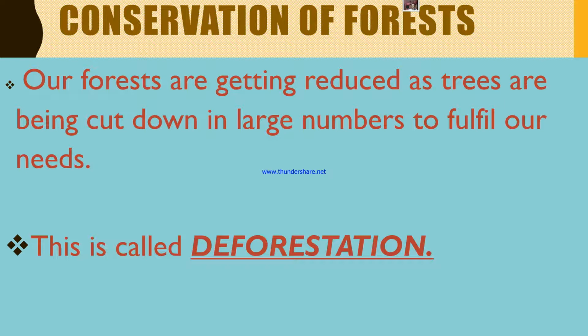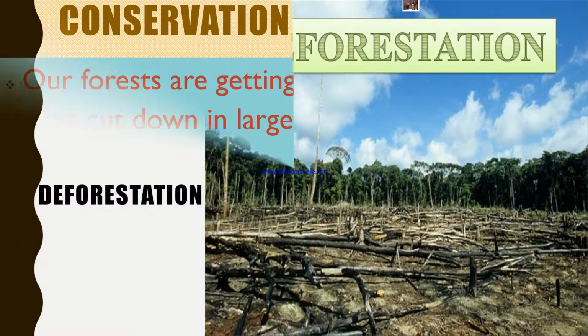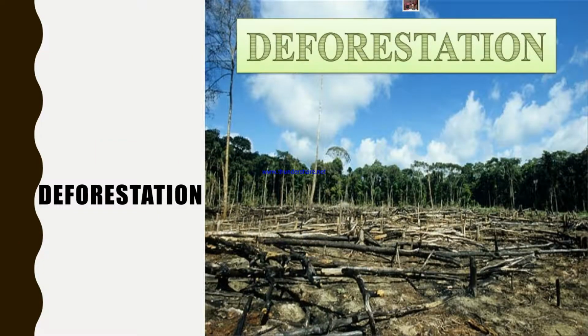So you should know what deforestation is. It is the negative term which is used when we destroy the forest in many ways. Look at the pictures. I have added a lot of pictures so that you can see clearly what I mean by deforestation.